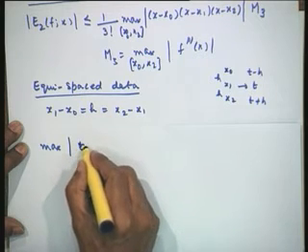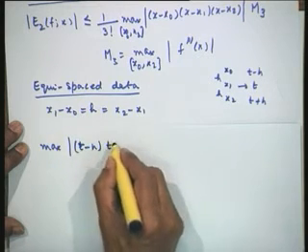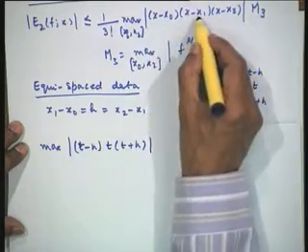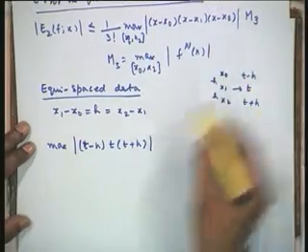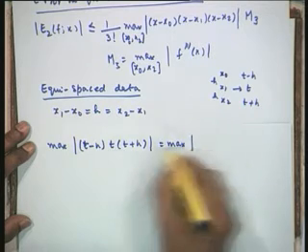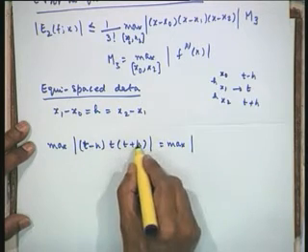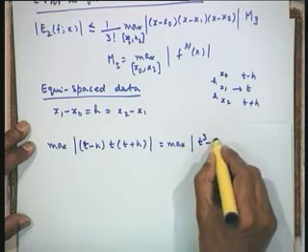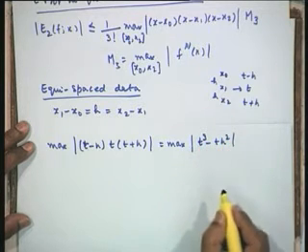the product of x minus x0, x minus x1, x minus x2, which becomes (t minus h) t (t plus h). So I want the maximum of this, and you can see that it is a very simple expression: t squared minus h squared, into t. So this will be t cubed minus t h squared.